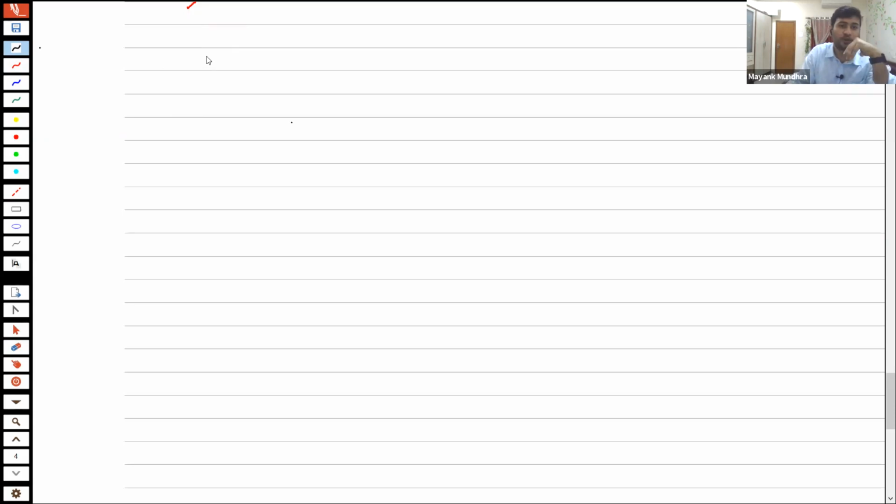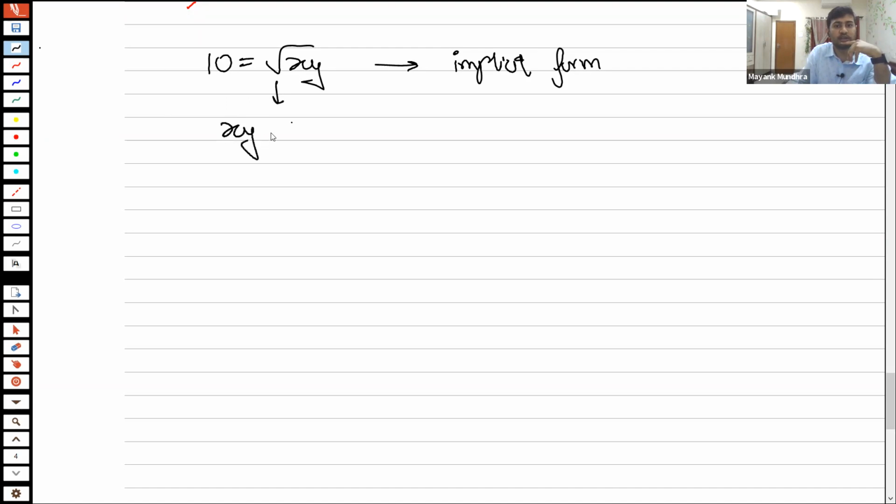So the utility level 10 equals under root xy. So this is the implicit form. The explicit form would be, you square it up, so you get xy equals 10, and then you take x on the other side, so y equals 10 by x. So this becomes the explicit form.